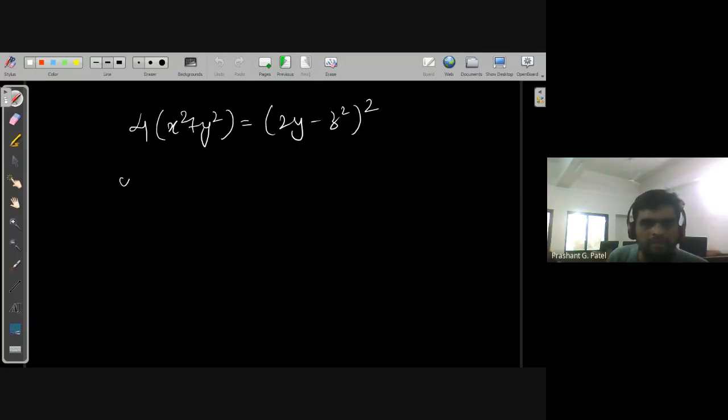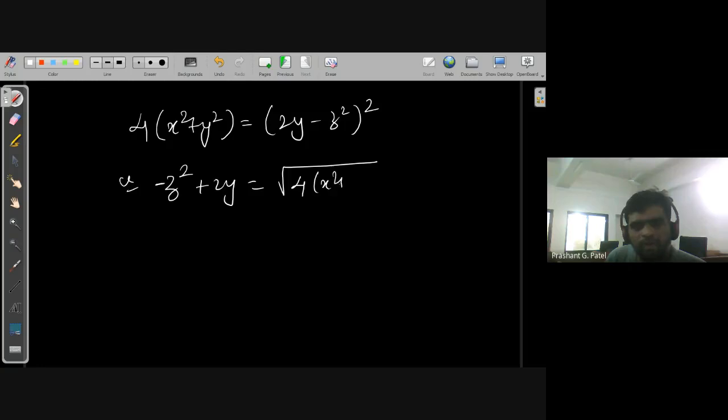And that means the value of 2y minus z square is equal to square root of 4 into x square plus y square. And that will give me z square equal to plus or minus 2 is common, y plus or minus under root of x square plus y square.